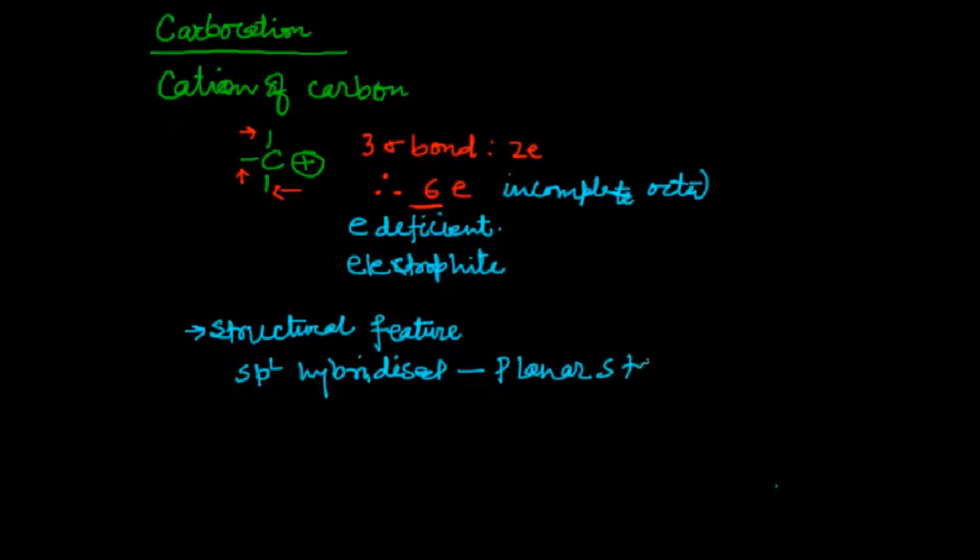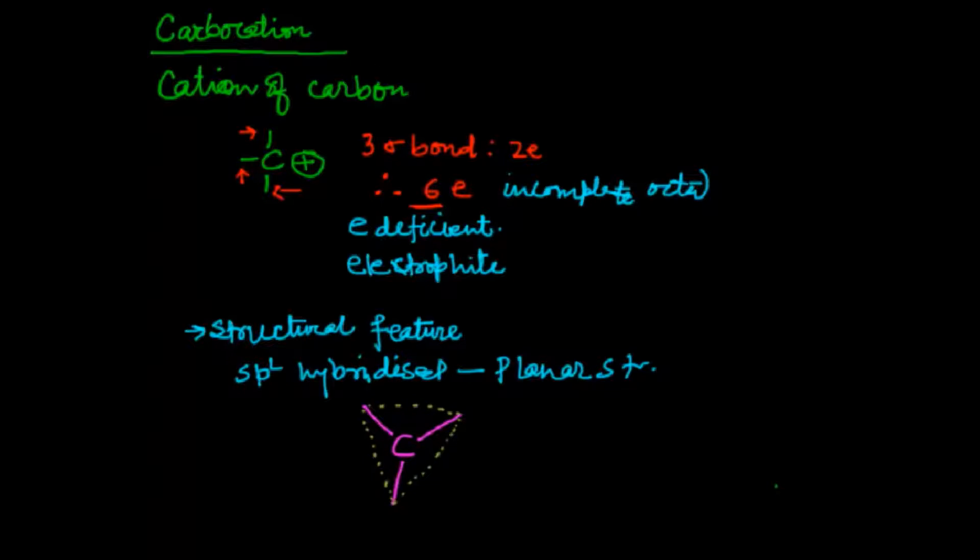So if we draw its structure, we can easily see the carbon with the 1st bond, 2nd bond and the 3rd bond. All these are lying in the same plane, and therefore we can show them lying in the same plane.